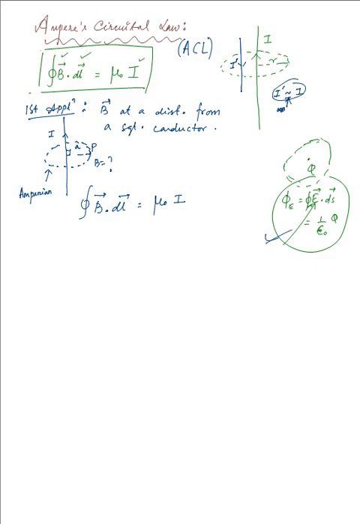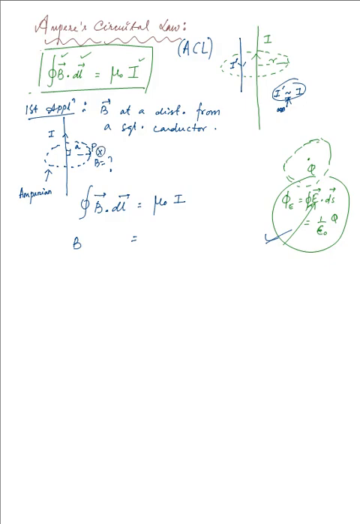So this is B dot dl equal to mu naught times I. One thing you must keep in mind is that we are considering the direction of dl along the direction of the magnetic field. We have chosen that direction because, if you use the right hand palm rule at the point P, the magnetic field will be going into the plane.